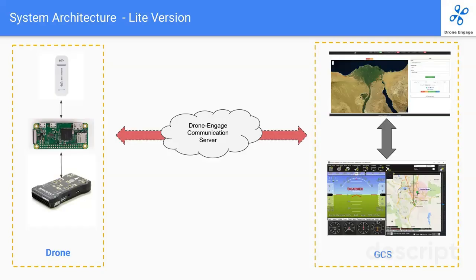On the ground control station side, operators enjoy multiple access options. The web-based interface displays satellite imagery and comprehensive mission planning tools, while traditional ground control software like Mission Planner provides familiar flight instruments and detailed navigation maps. This dual interface approach ensures operators can choose the tools that best suit their workflow and preferences.